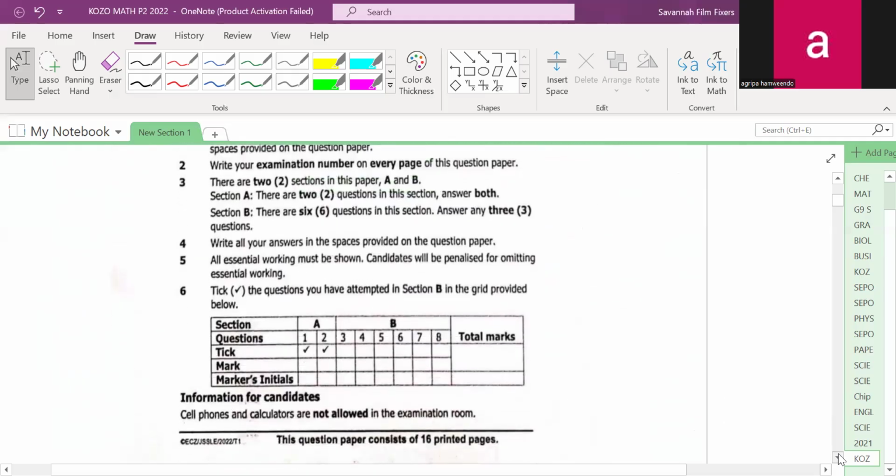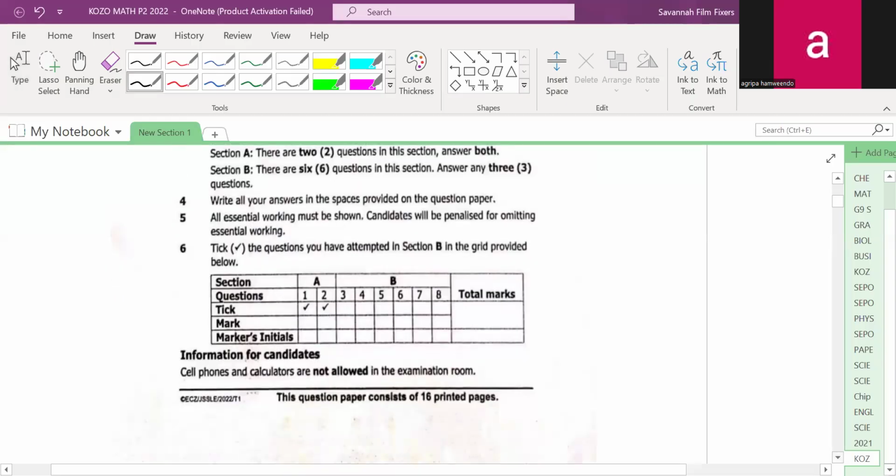So you just tick. The interval for section B is between 3 and 8. So we tick the questions you have attempted, something like that.